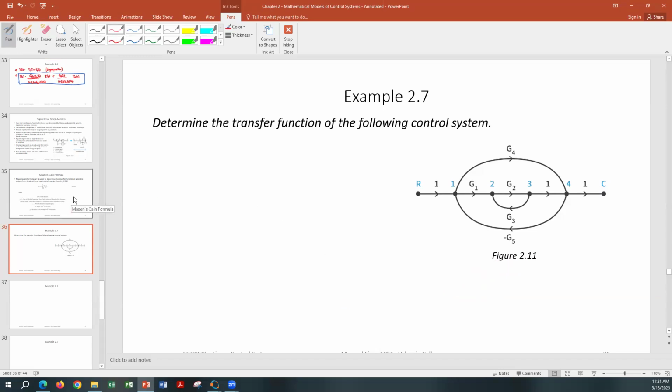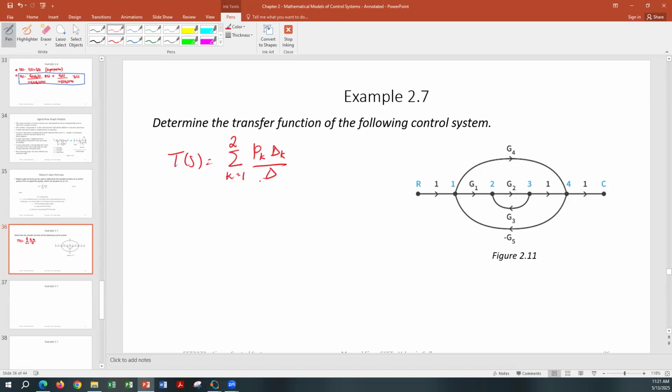Using Mason's gain formula, the transfer function T(s) is the sum from K equal to 1, and we have 2 forward paths, of Pk times delta K over delta. K is the number of forward paths.